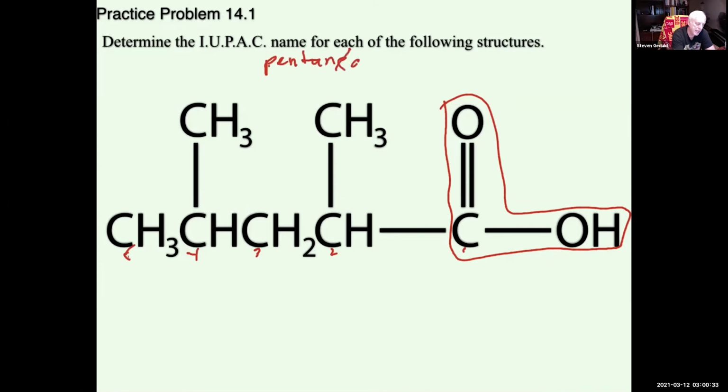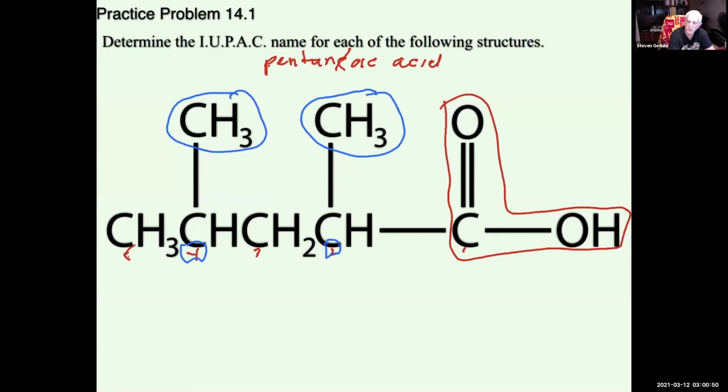Drop the E, add OIC acid, and we have 2 substituents attached. One is at number 4, and one is at number 2. Okay, and those are methyl groups. So we have 2, 4, where they're located, dash, dimethyl, because there's 2 of them, and this is pentanoic acid.